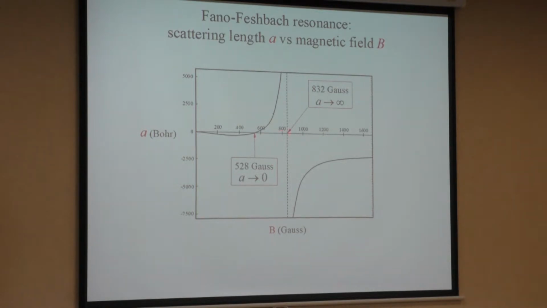And those are just human-size magnetic fields. It's 1,000 Gauss. It's 0.1 Tesla. Producing such a field doesn't even need superconducting magnets, which are used in MRI devices.